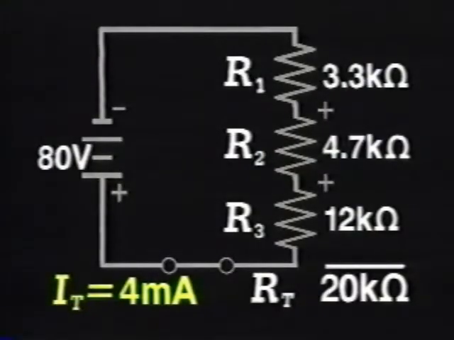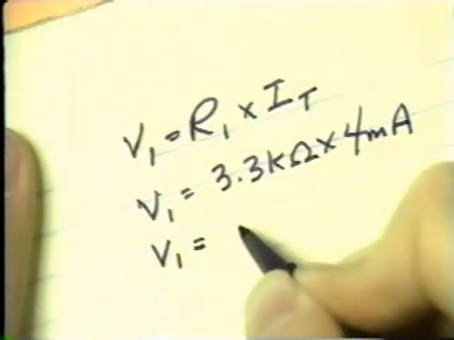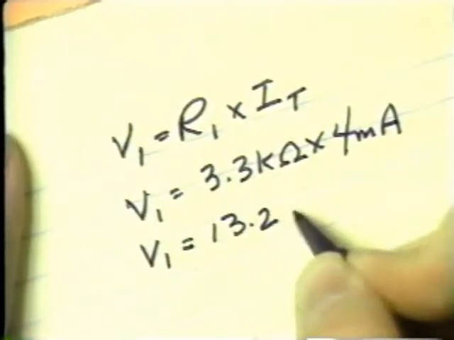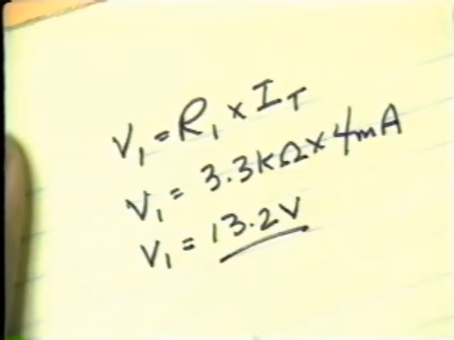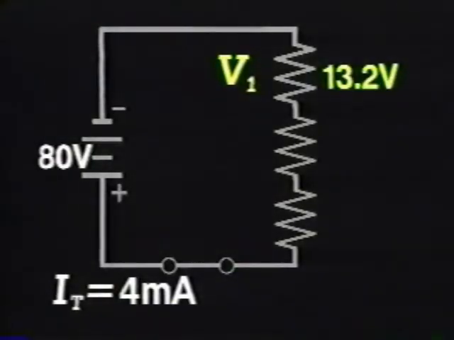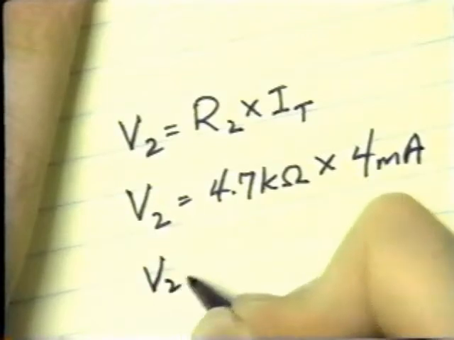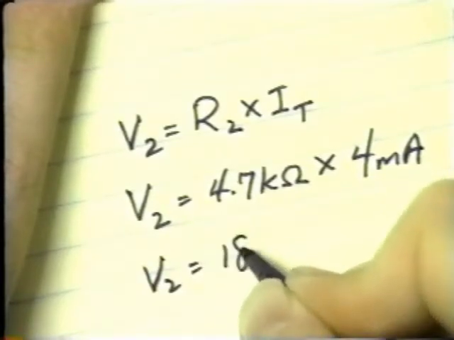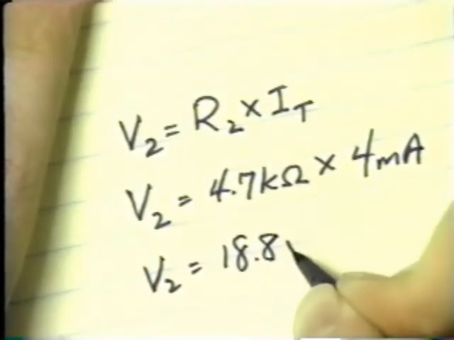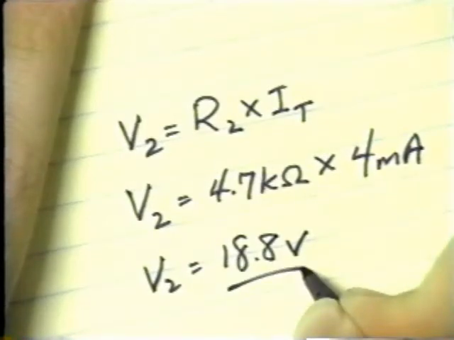With this information, you can solve for each individual voltage drop. The voltage drop across R1 equals 3.3 k ohms times 4 milliamps, or 13.2 volts. Add this number to the schematic. V2 equals 4.7 k ohms times 4 milliamps, or 18.8 volts.